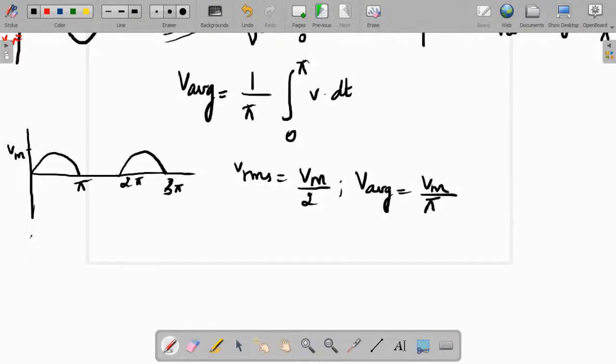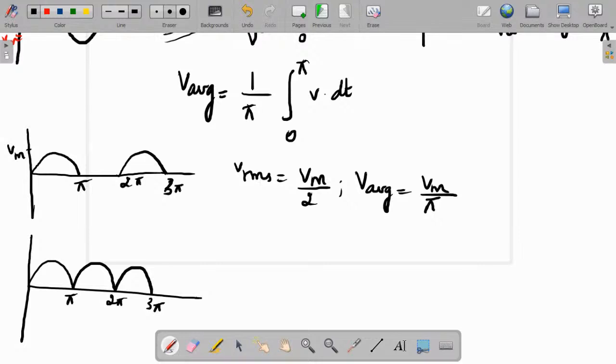Next if you have a waveform like this, so this is pi, 2 pi, 3 pi and here voltage peak is Vm, then VRMS is given by Vm by root 2 and V average is equal to 2Vm by pi.